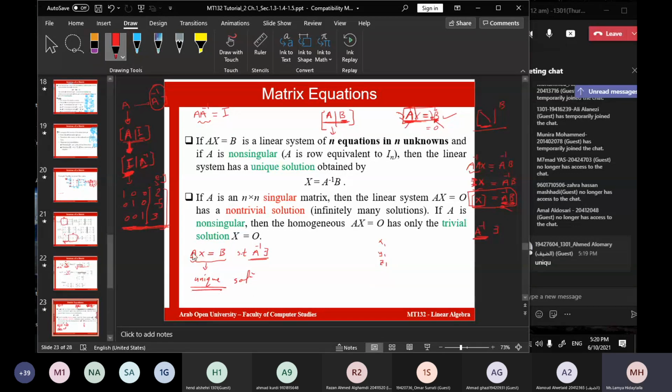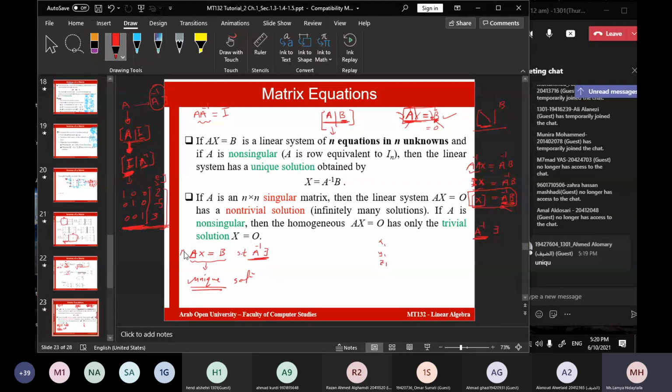Before I solve, once I know A inverse exists, immediately, because the system will reach something like that, the linear system will have a unique solution if the inverse exists. Clear?